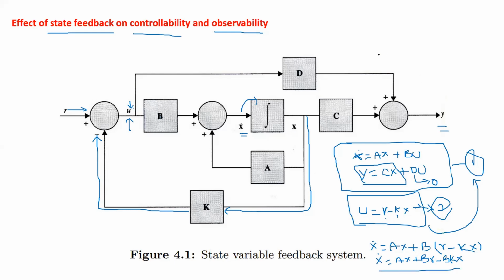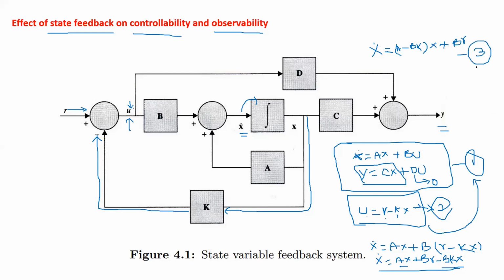X dot is equal to A into X minus B into K into X. Therefore, I can write X dot is equal to A minus B multiplied with the gain matrix K, into X, plus B into R. That is equation number 3.